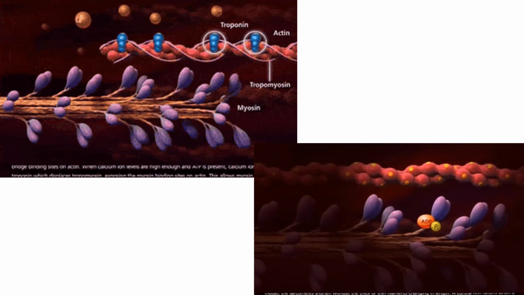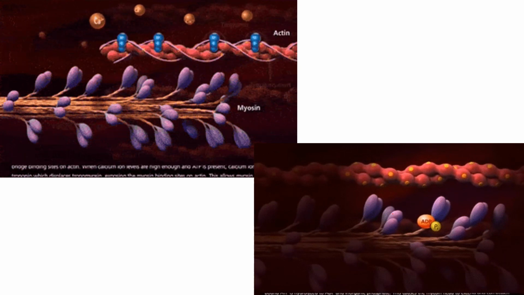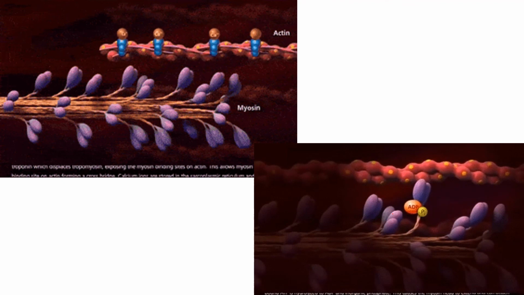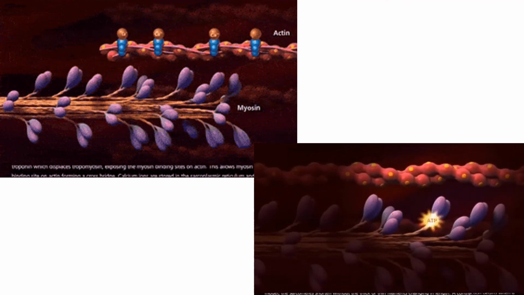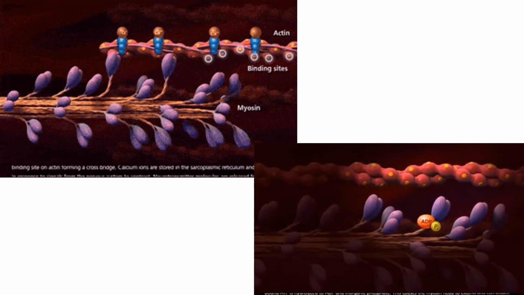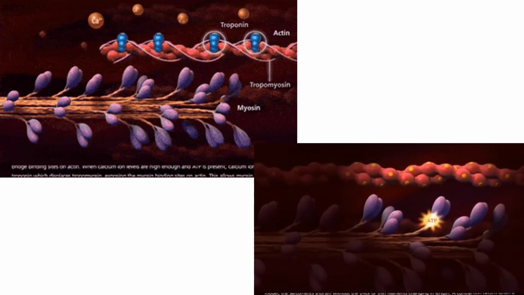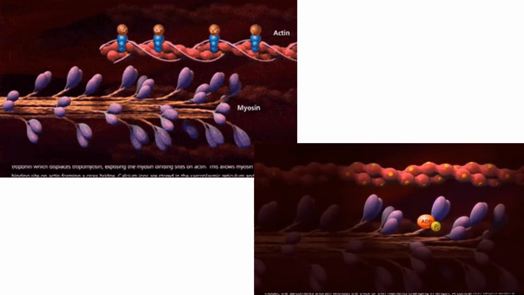The myosin head is going to remain attached to the actin until another ATP comes along. The myosin head again will remain stuck there. If a new ATP comes along, again it will be hydrolyzed to perform another contraction, or when that ATP comes along, it will allow the muscles to relax.